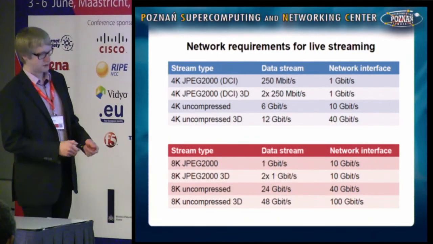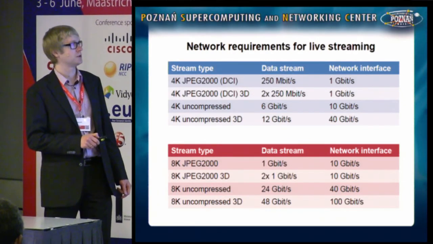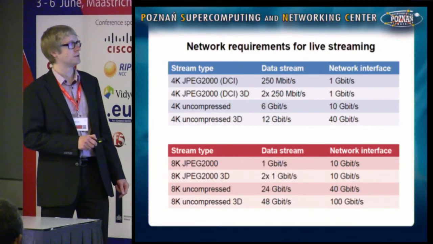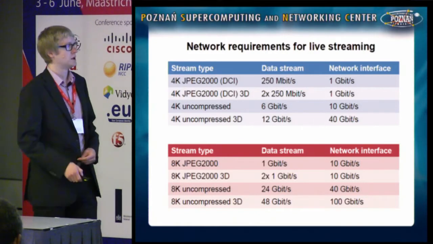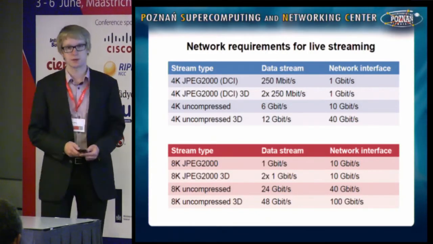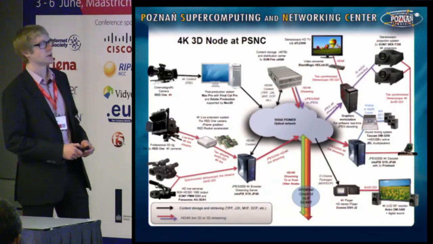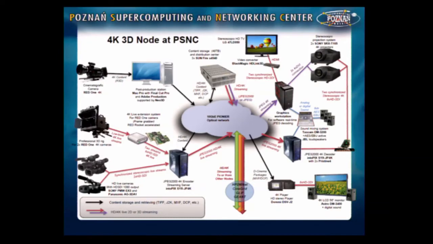video. So, for example, if we have 4K 3D image, it's 500 megabits if it's compressed, or even 12 gigabits if it's uncompressed. So these streamings have very high demands on the network. At PSNC, we are working on a 4K 3D node.